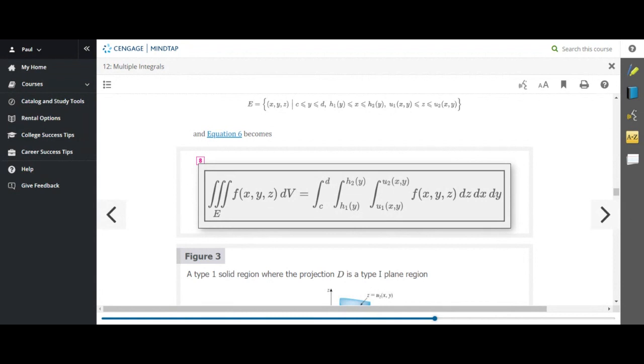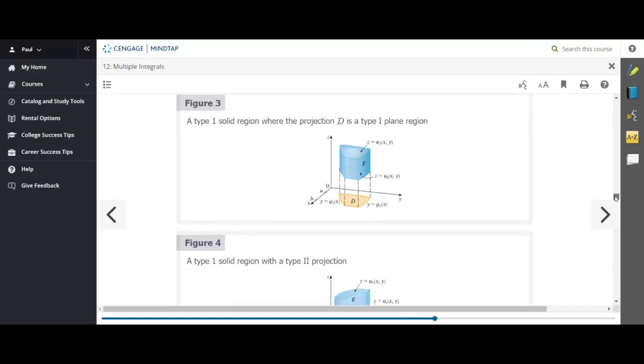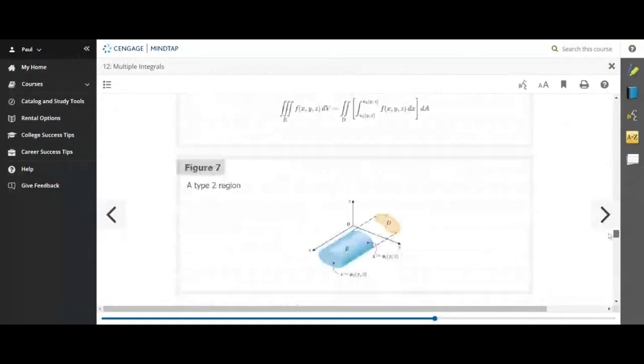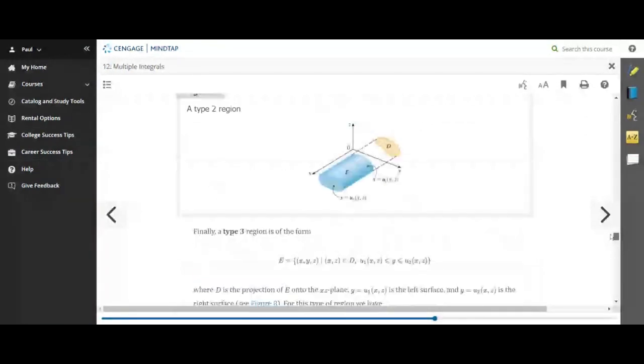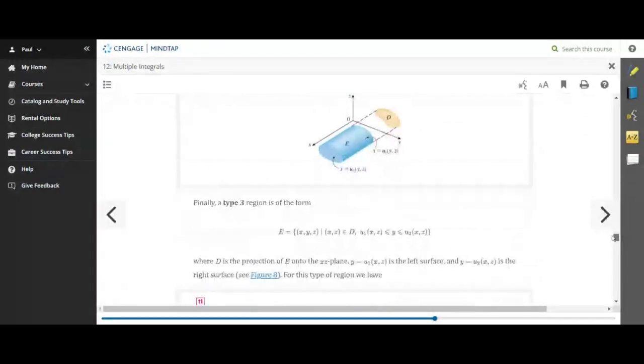Now I'll show you two more solids here real quick, because we're almost out of time. Okay, so here's figure 7. Here you have a solid E that's bounded by two functions. X is a function of y and z.